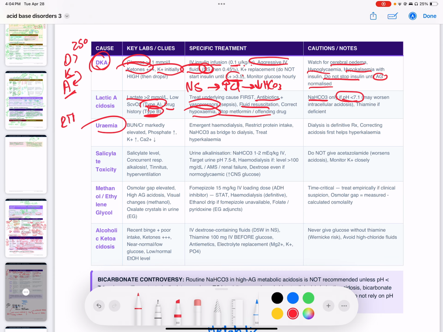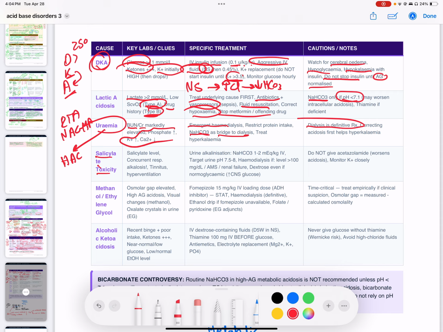Remember RTA causes normal anion gap metabolic acidosis, but uremia causes high anion gap metabolic acidosis, and that's easy to diagnose. You'll see the BUN is high, the creatinine is high. You will find some electrolyte imbalances. Sometimes they need dialysis. And sometimes you can give bicarb as a bridge to dialysis if it's severe acidosis, but here the dialysis will be the definitive treatment.